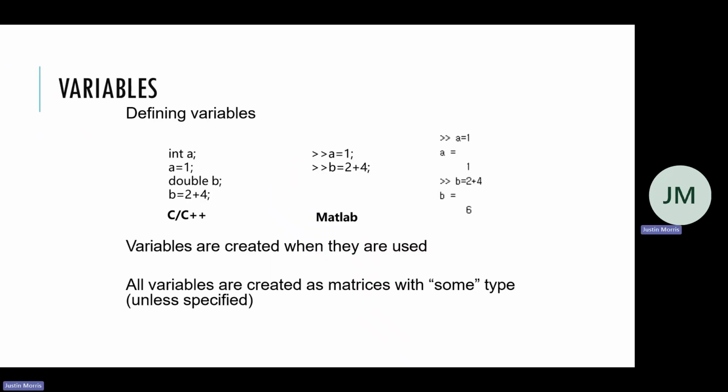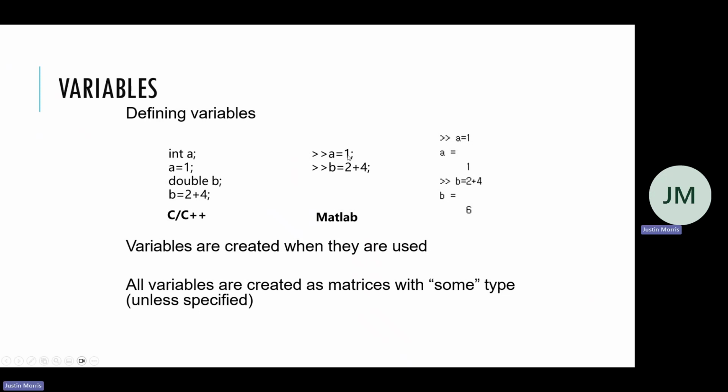So we can just start with defining simple variables. If we need an integer in C++ or C, we would define it as an integer type. But for MATLAB, we just give things names, similar to Python, if you guys have used Python before.